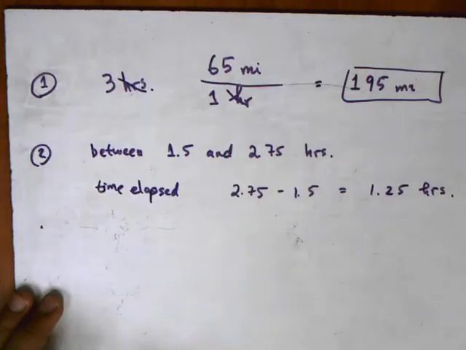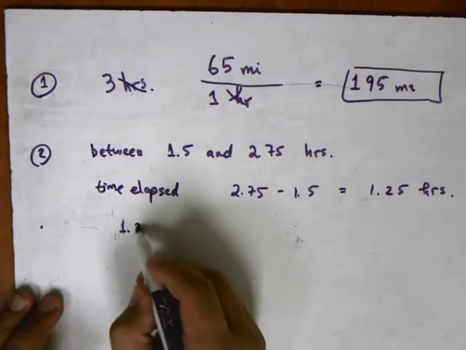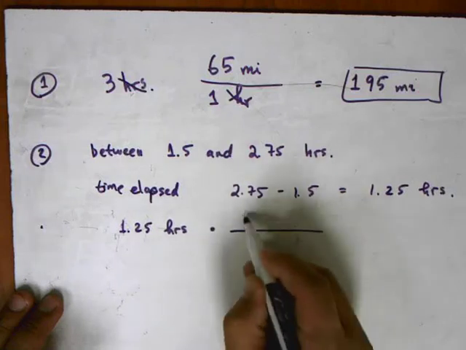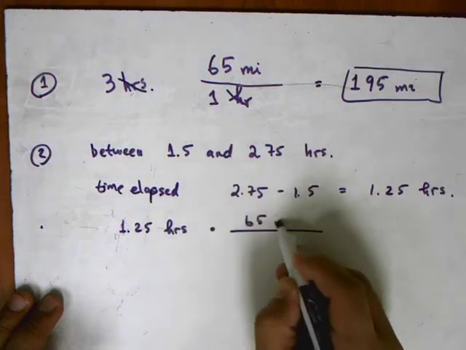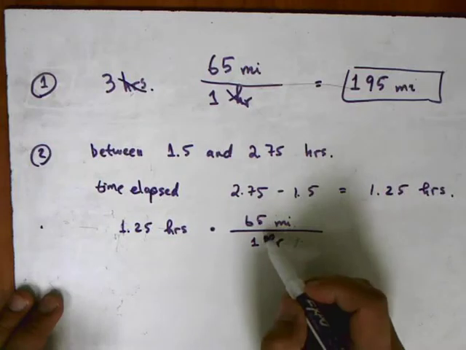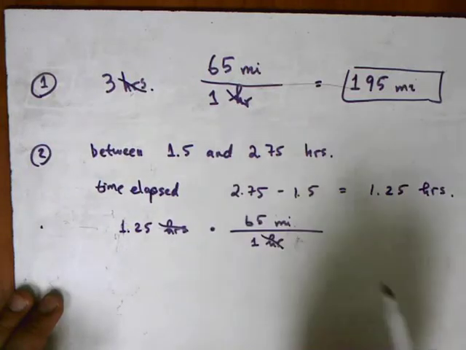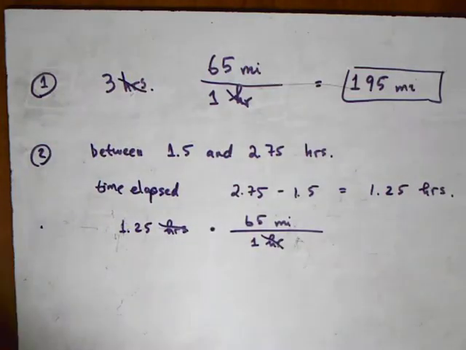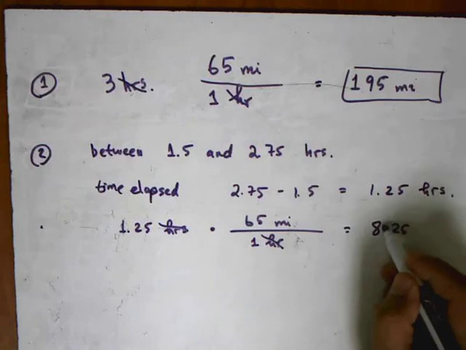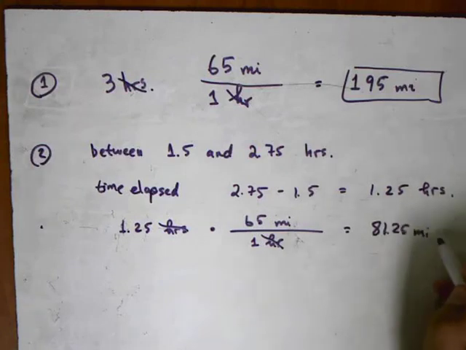And we do the same thing that we did in number one. 1.25 hours times 65 miles per hour. Hours should go away, and 1.25 times 65 is 81.25 miles.